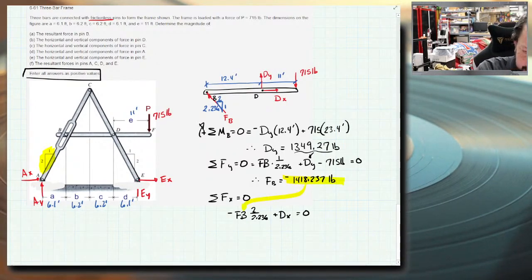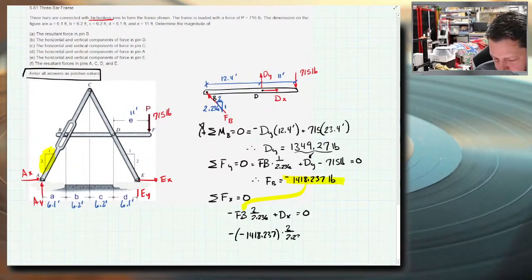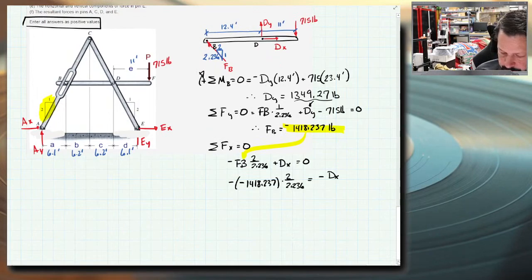So I'm going to have the double negatives. So negative FB, so negative 1418.237 times 2 over 2.236. I'm going to move dx to the other side, equals negative dx. So I've got 3 negative signs here, so it ends up that dx is indeed negative. I drew it the wrong way.